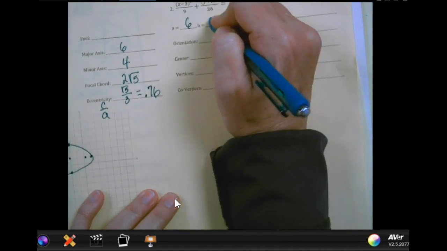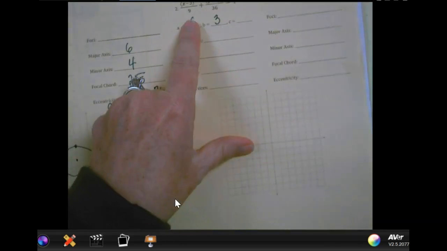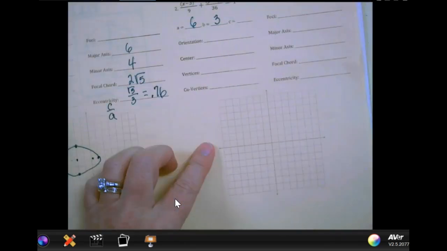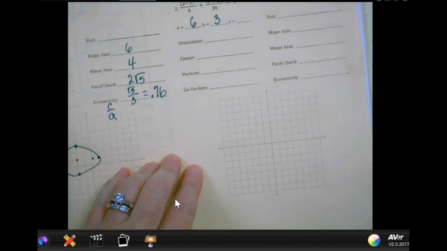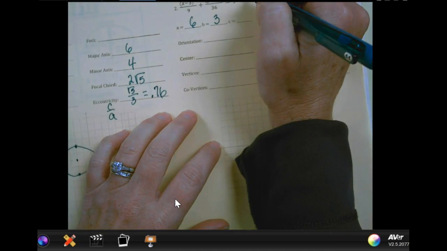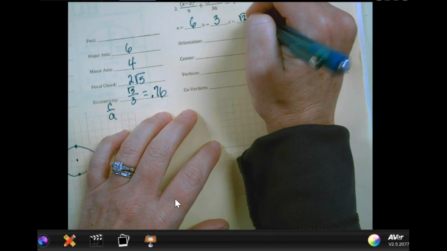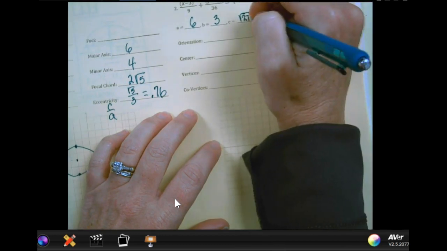The B is 3. And the C is 36 minus 9. What is that? So, while you're right there, what is the square root of 27? What is the decimal?